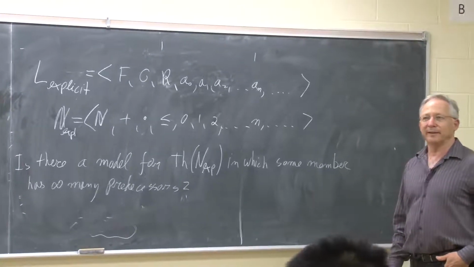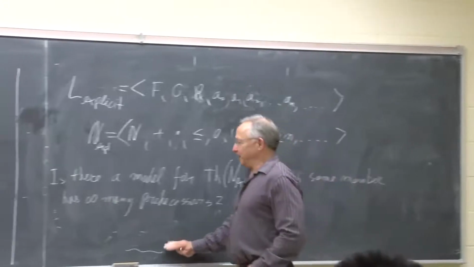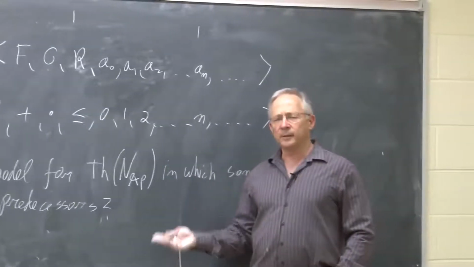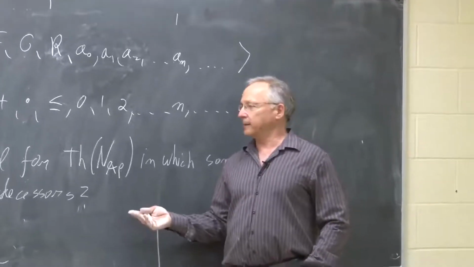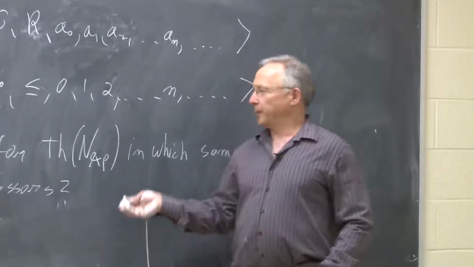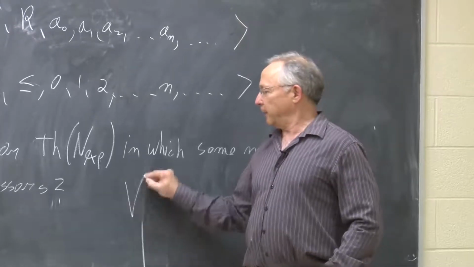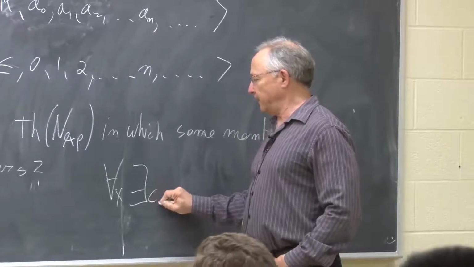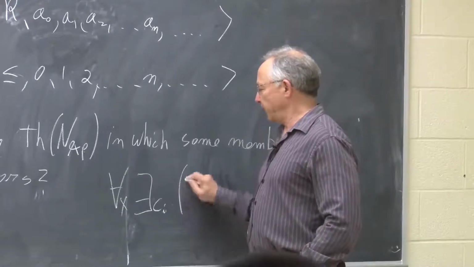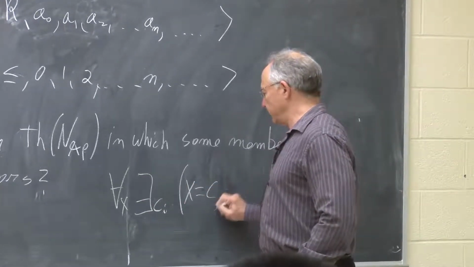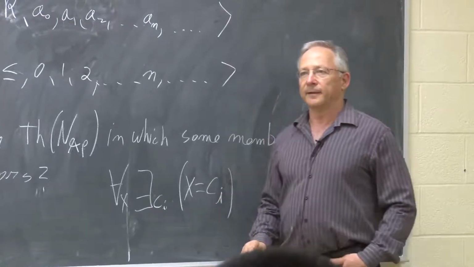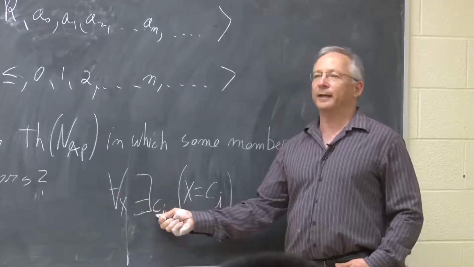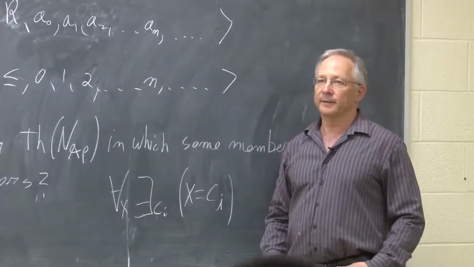So how shall we? And the point is, the answer is yes, and the trick is that what I cannot say in my language is every x. I would like to say, for every x, there exists i such that x equals ai. But I cannot have a quantification over a constant.